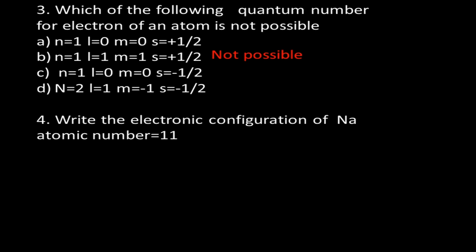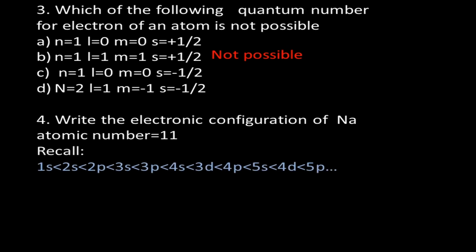Number 4, write the electronic configuration of sodium. The atomic number of sodium is 11. So recall our energy order: 1s, 2s, 2p, 3s, 3p, 4s, 3d, 4p, 5s, 4d, and 5p. So let's write.